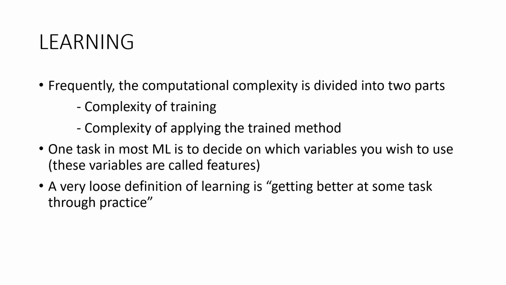Essentially, computational complexity can be divided into two areas: complexity of training, which is frequently the big area that takes a lot of time, and complexity of applying the trained method, which generally isn't as bad. We're used to working with our laptops and desktops, and if we do Word documents and the like, things run pretty fast.